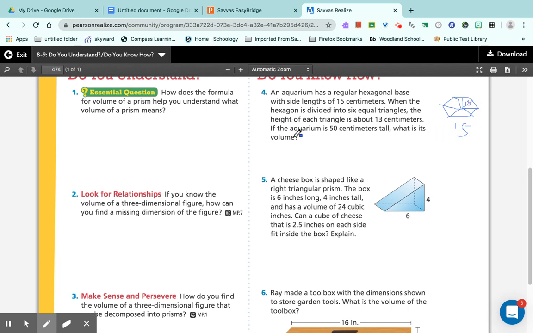Okay, so we have to take 1/2 of 15 times the base equals 97 and a half. And then we have to multiply all of those by 6 because there's 6 faces. So 6 would be 585 cubic centimeters.